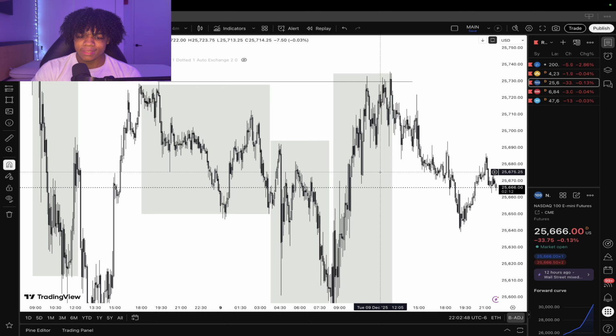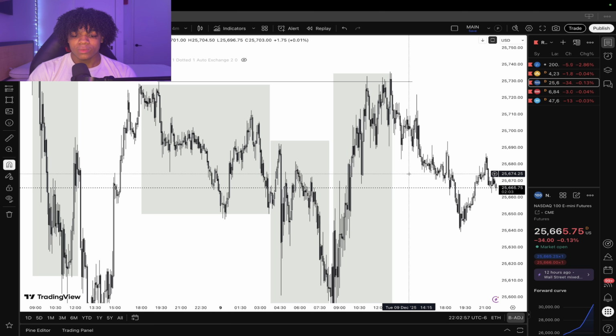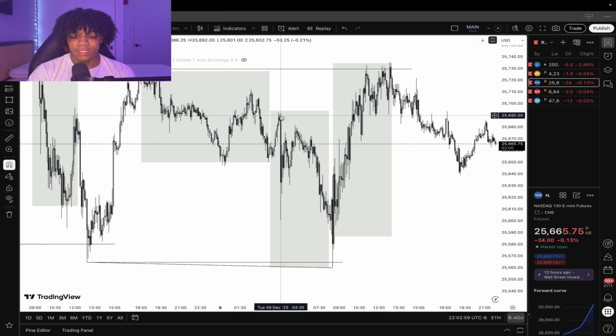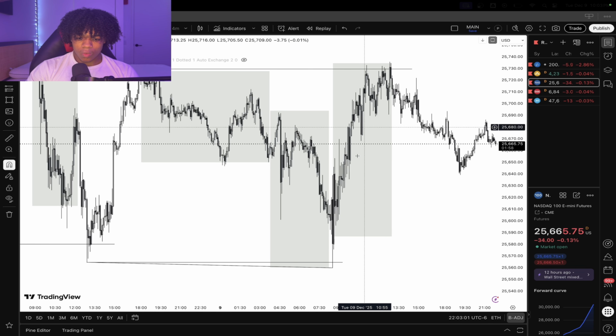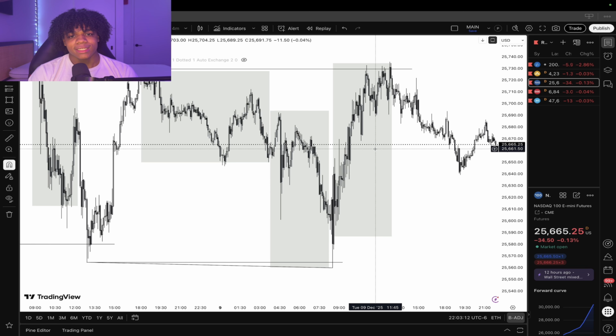So when you're trading AMD, there are only two cycles that you want to be in, right? Or when you want to take a trade entry. So you either want to take your trade entry inside of the manipulation leg or the distribution leg. 9 times out of 10, it's best to try to get in on the distribution leg, right? Because it's much more clear. But the only downside to getting in on the distribution leg is a lot of times your entry and RR won't be as precise as possible, okay?